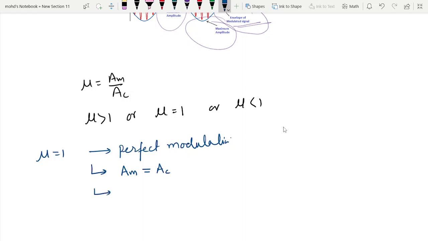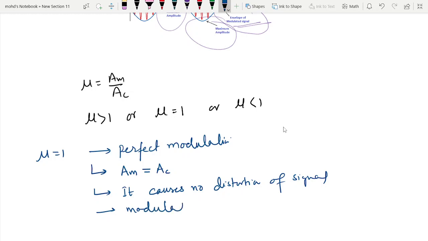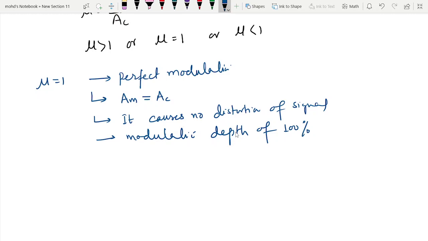The advantage of perfect modulation is that there is no distortion of the signal, and it has a modulation depth of 100%.